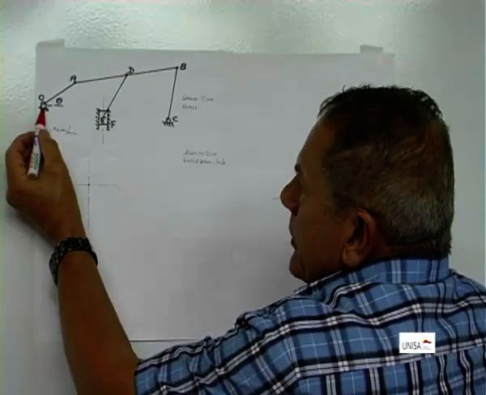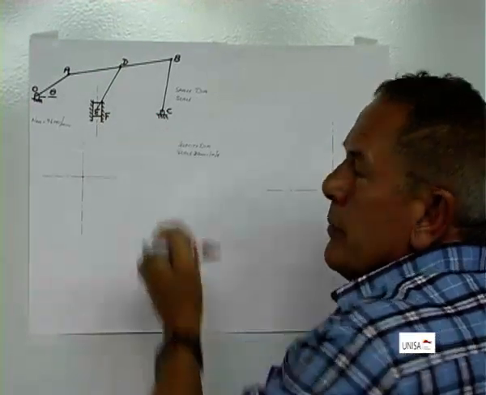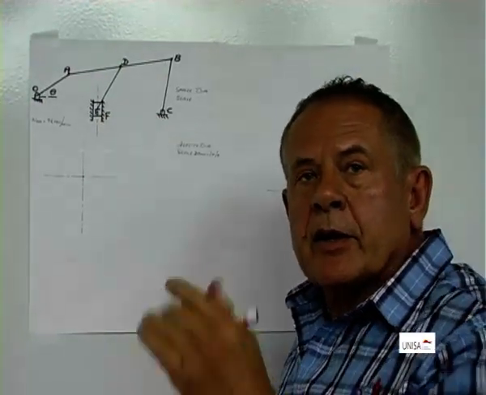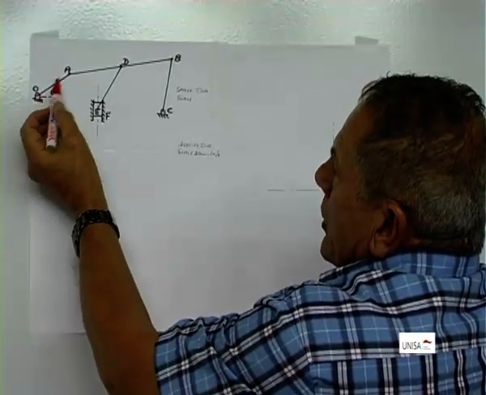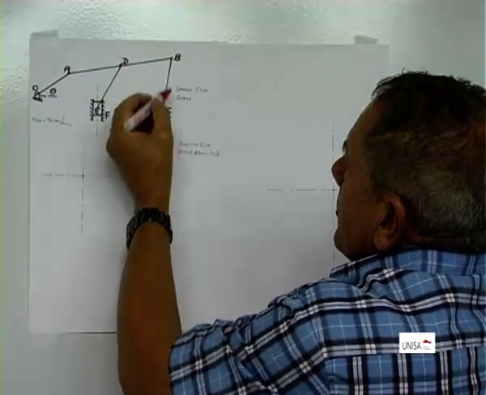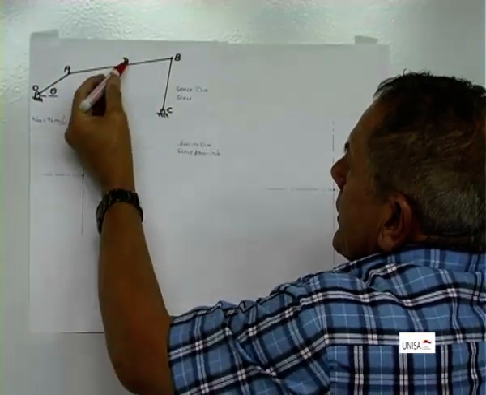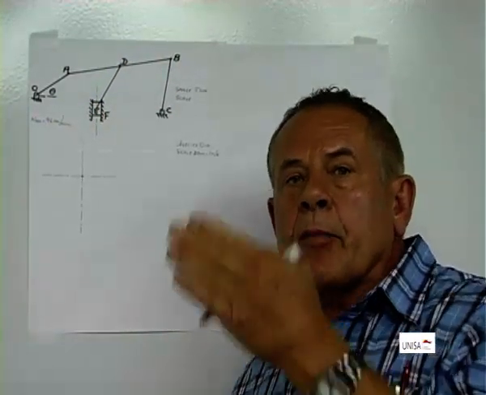That will be point O, point F, and point C, and that counts as one link. Then the second link will be OA, then AB, then BC, and then DE.